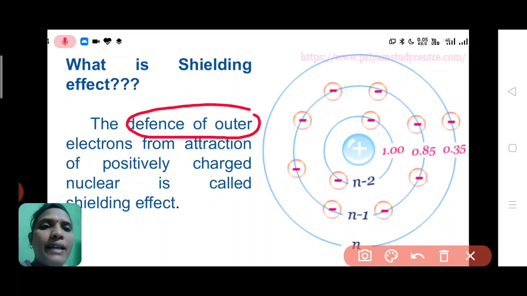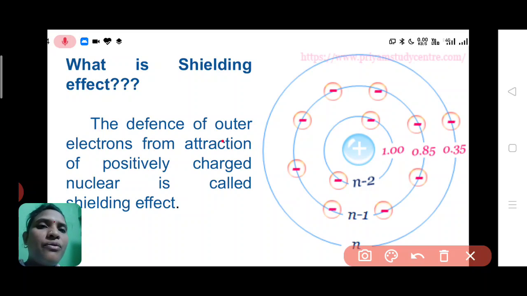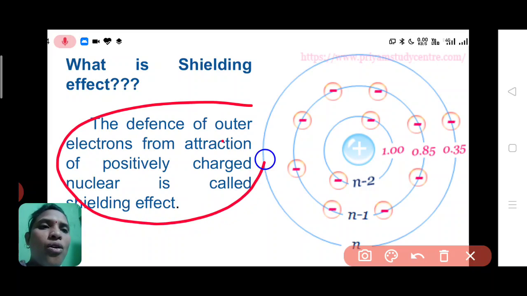So the defense of outer electrons from attraction of positively charged nucleus. This is nucleus, not nuclear. So the defense of outer electrons from attraction of positively charged nucleus is called the shielding effect.